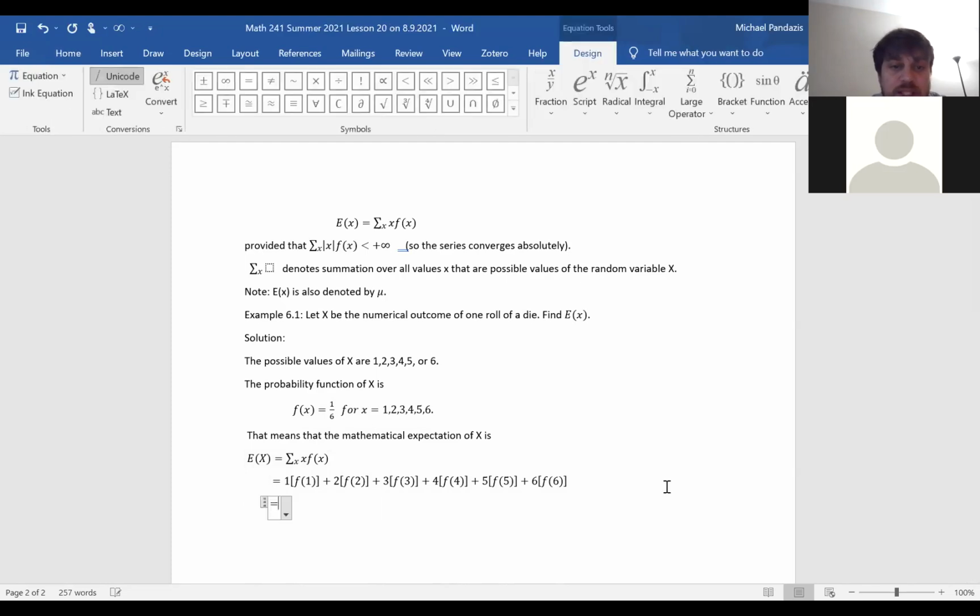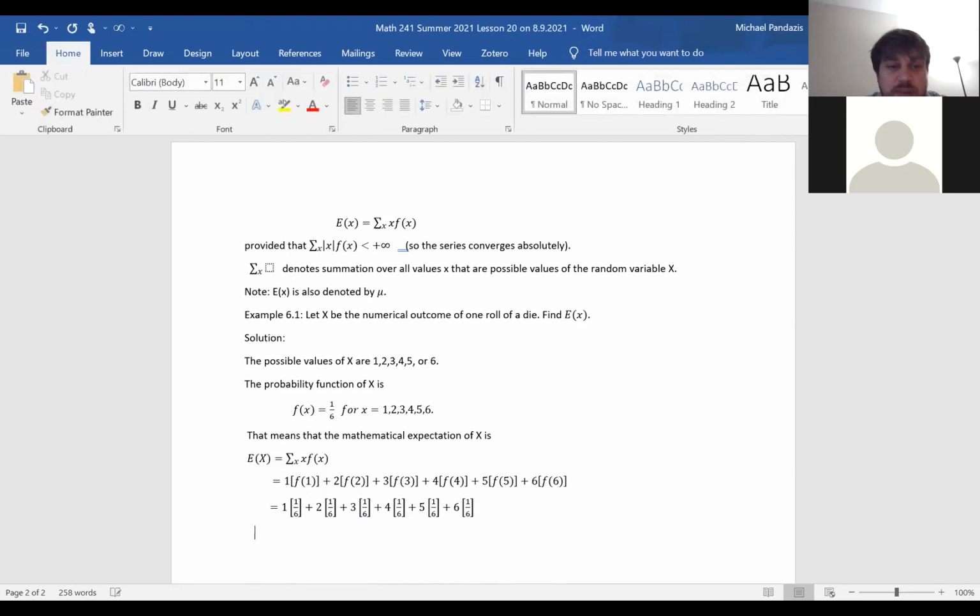x. And so that's equal to now 1 times the probability of 1, f of 1 is 1/6, right? And this is plus 2 times f of 2, which is also 1/6, plus 3 times f of 3, which is also 1/6, plus 4 times f of 4, which is also 1/6, plus 5 times f of 5, which is 1/6, plus 6 times f of 6, which is 1/6.